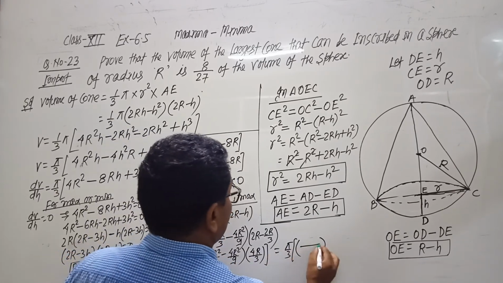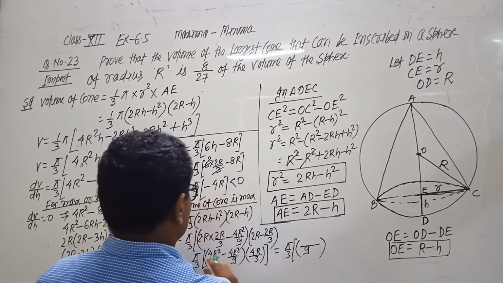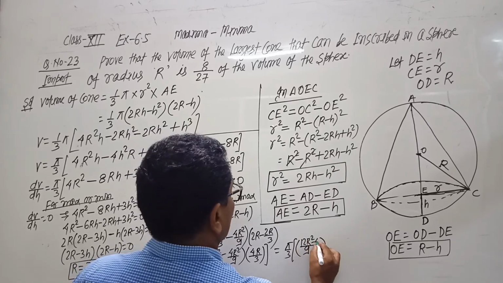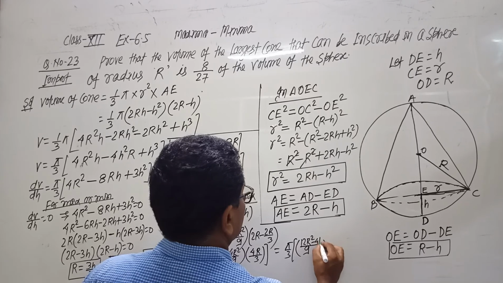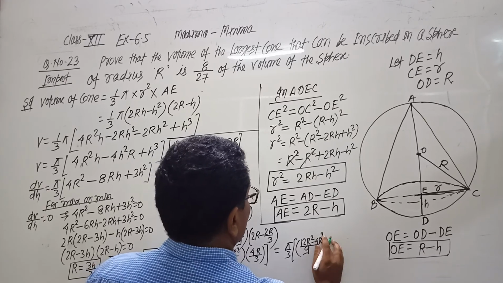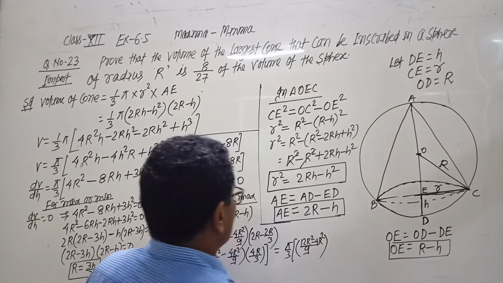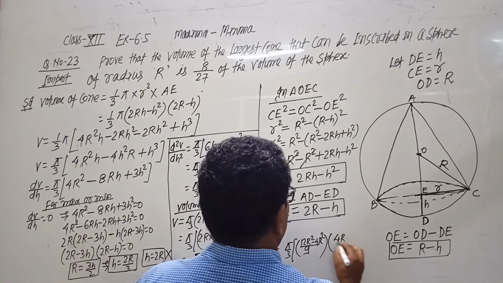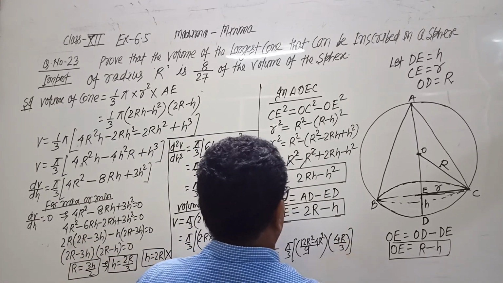LCM of 3 and 9 is 9, and this is 12r square minus 4r square, and 4r by 3.